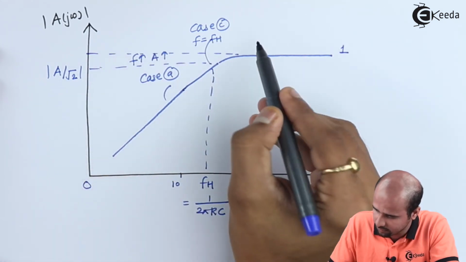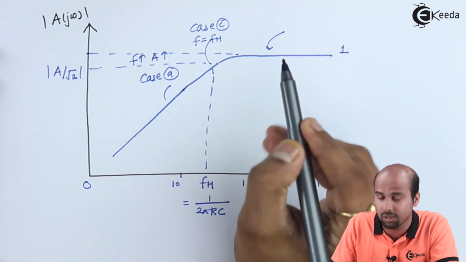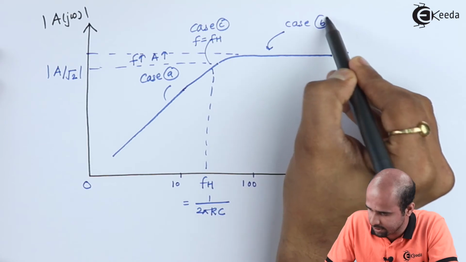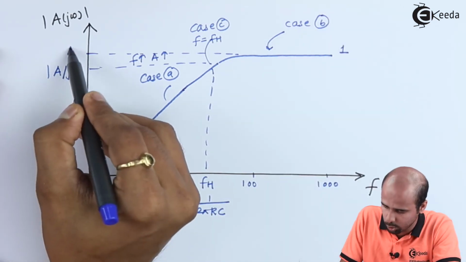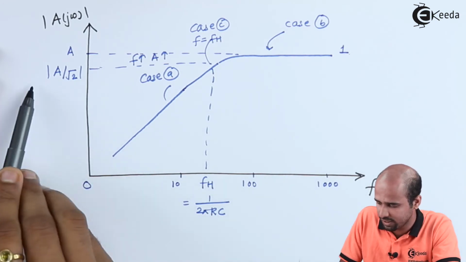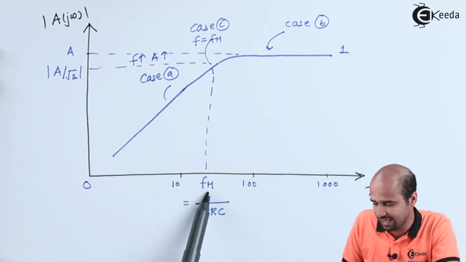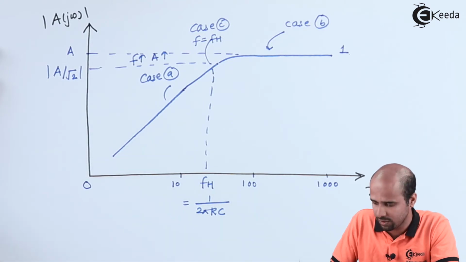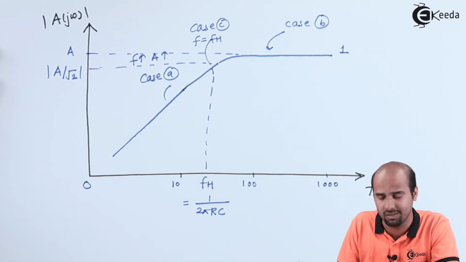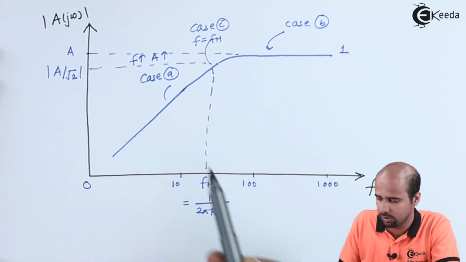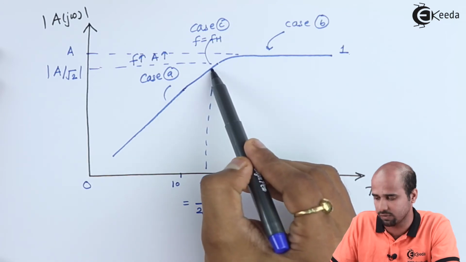That 1 will appear in case number B. In case B, we are getting the maximum value of gain, that is A equal to 1, and that is why the gain at F equal to FH is A by root 2 in general. So if the maximum gain is not equal to 1, suppose 10, then 10 by root 2 will be your gain at the cutoff frequency.